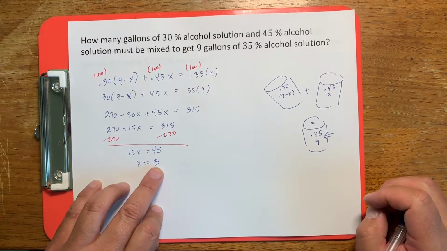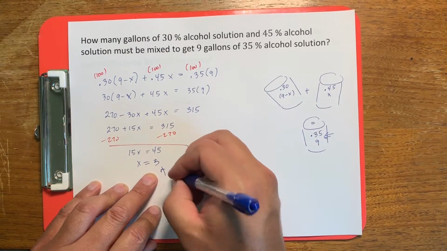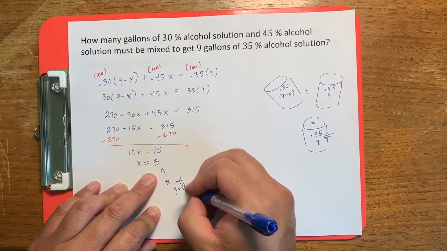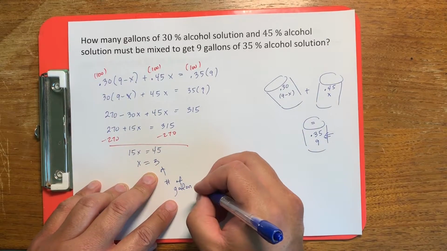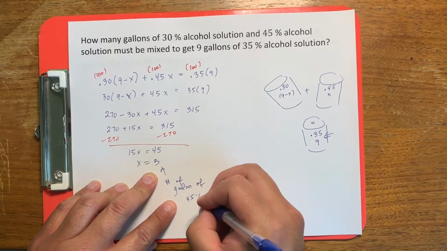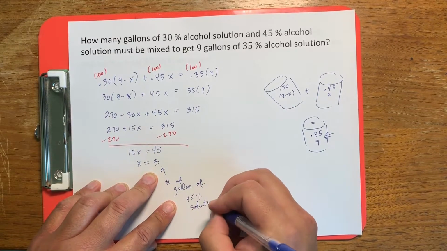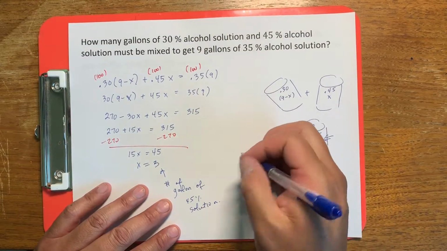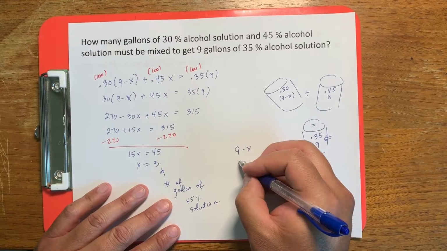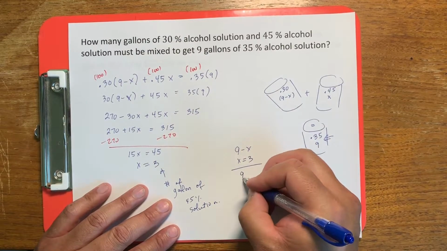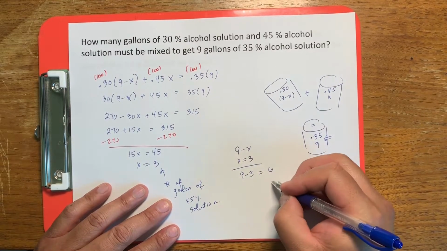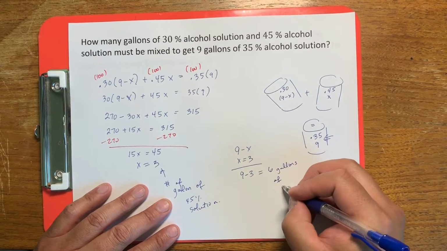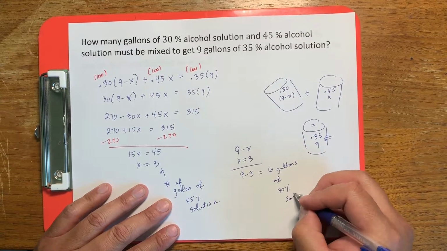So we have this right here is the number of gallons of 45% solution. To figure out how many gallons of 30% solution, we do 9 minus x, where x is equal to 3. So 9 minus 3 is equal to 6 gallons of 30% solution.